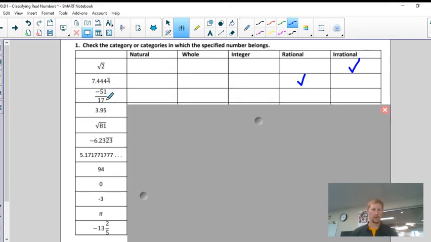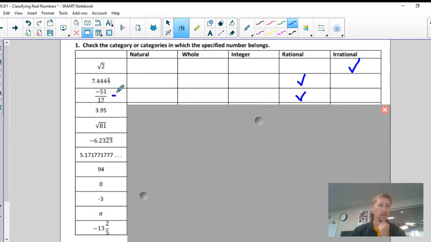The fraction, negative 51 seventeenths. At first glance, well, we see it's a fraction, so we know it's rational, not irrational. We have to check, is it also an integer or a whole number or a natural number? Well, let's see. It looks like it's just a fraction, but 51 can actually be divided by 17 evenly.